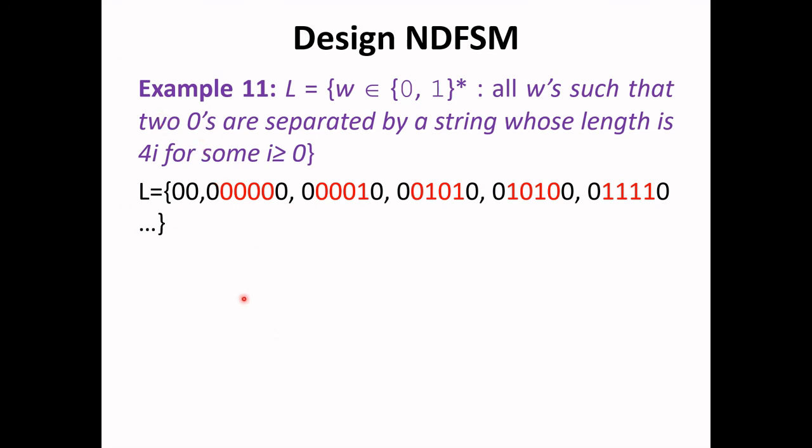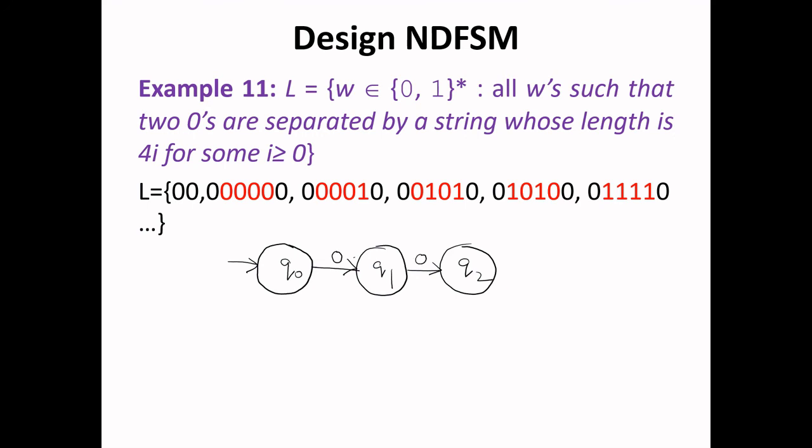How do you design a compulsory 2 zeros? For that we need 3 states: Q0, Q1, Q2. Q0 to Q1 on the first 0, Q1 to Q2 on the second 0.